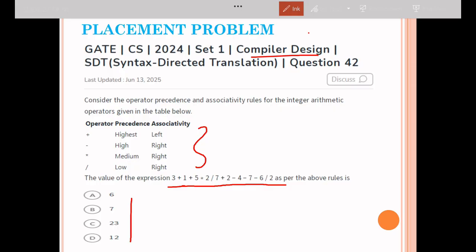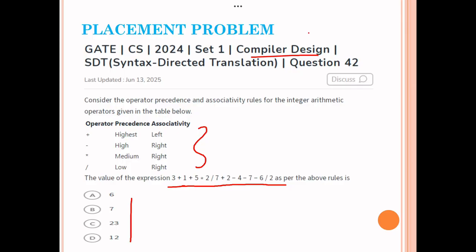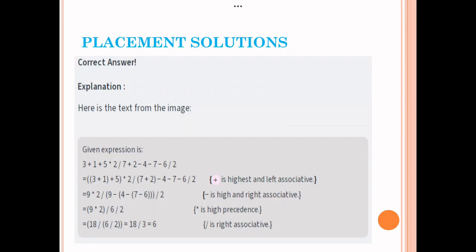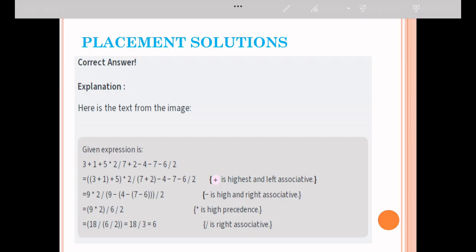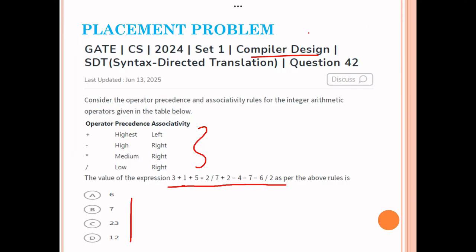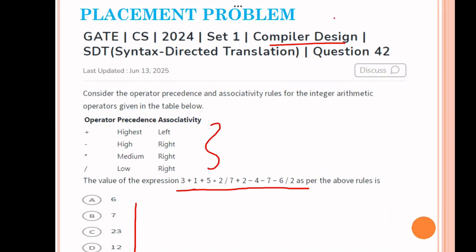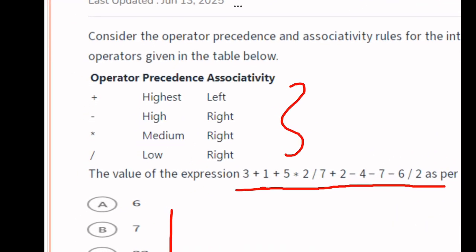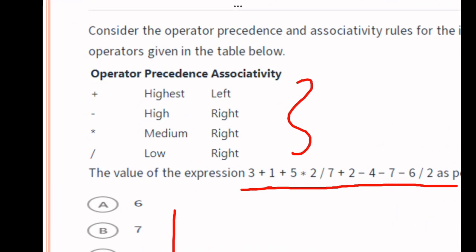Now I will show how it is working. If you have written this question in your copy, see here. At first I will write the priorities, and you should write them also.